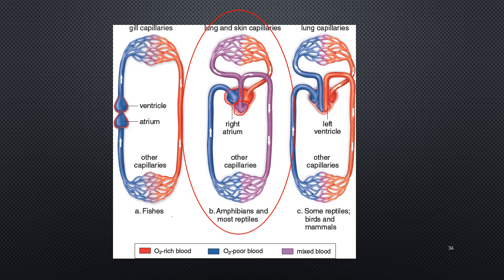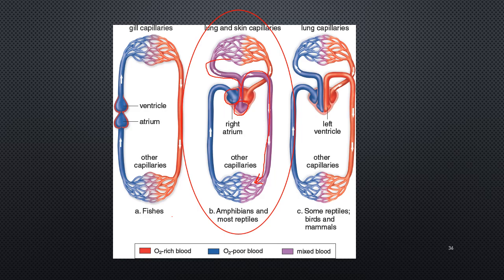Those are our 2 atria. Okay, so blood leaving the ventricle passes into one of 2 vessels, 2 different directions. It can either travel through the pulmonary arteries that lead to the lungs and the skin where they get oxygen, or they can lead to the rest of the body, which is usually musculature.